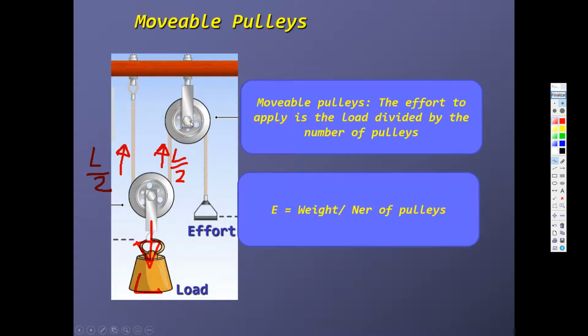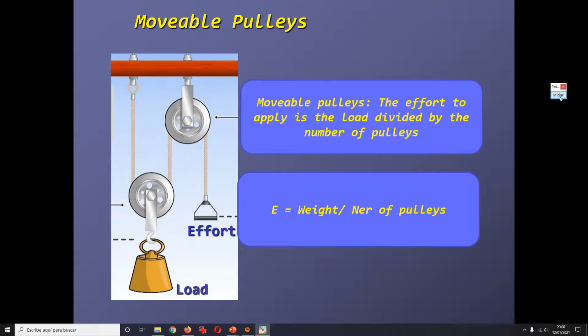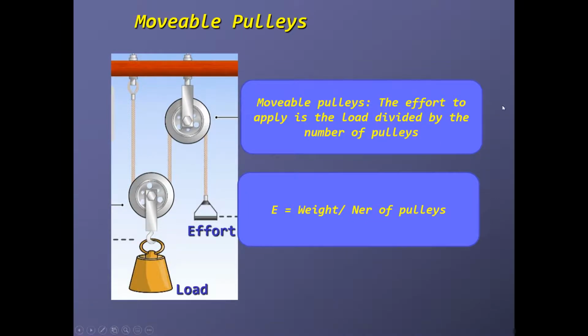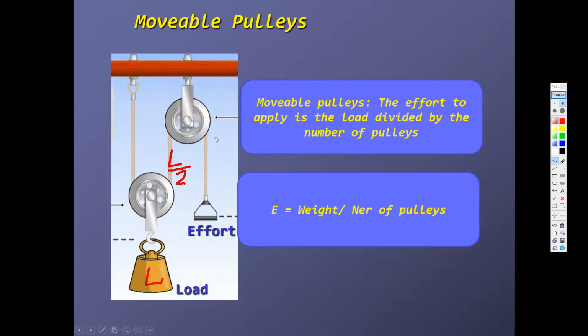Now let's see what happens with this pulley. So remember that we have half the load here, and half the load here. And now we are applying an effort on this side of the pulley. So if we have half the load here, the effort is exactly the same.